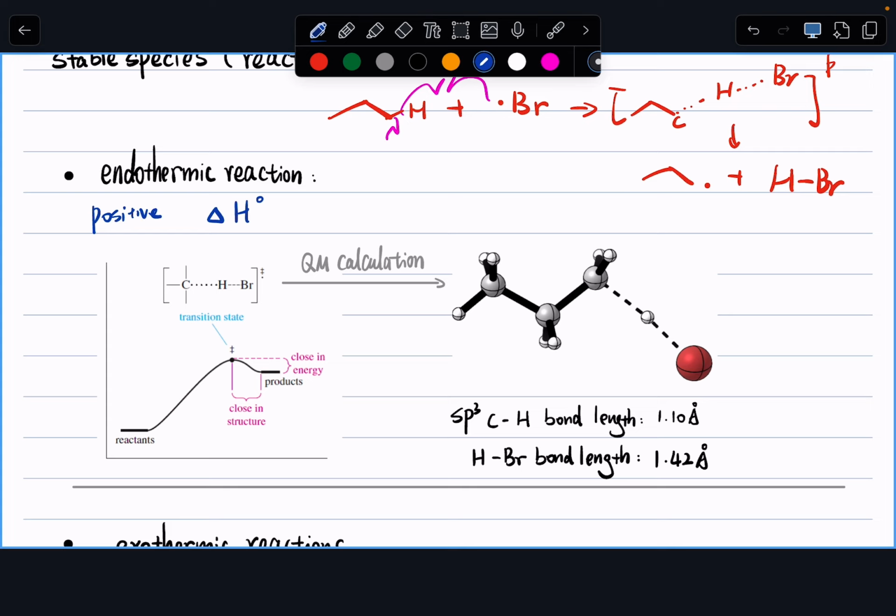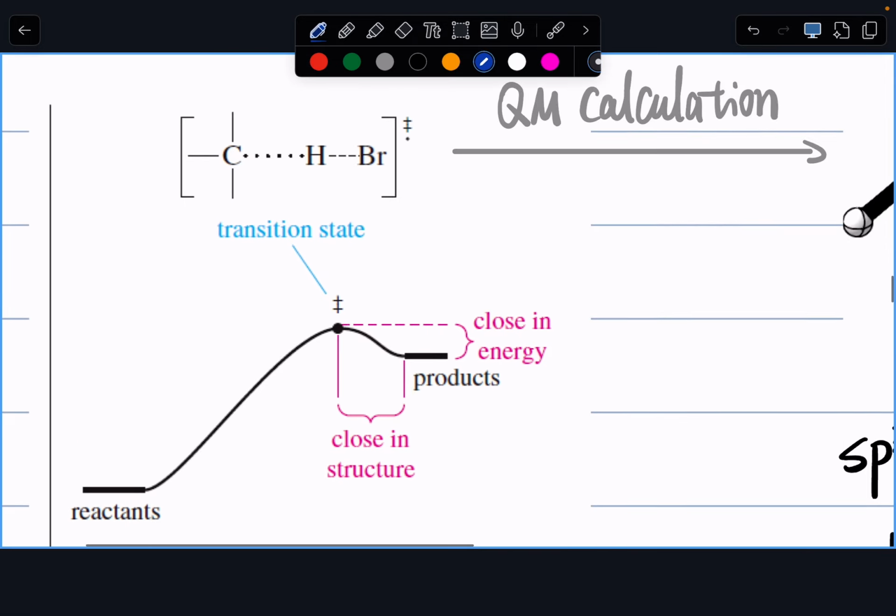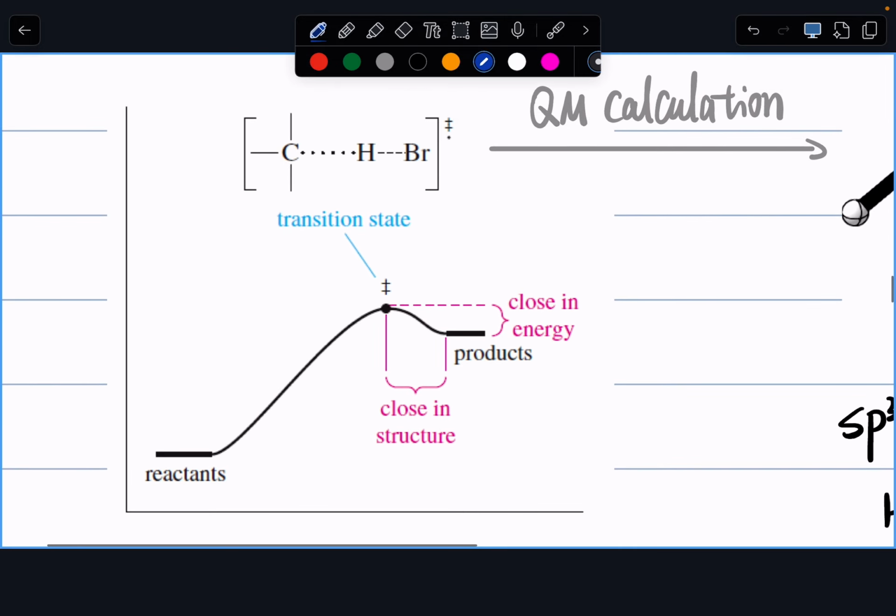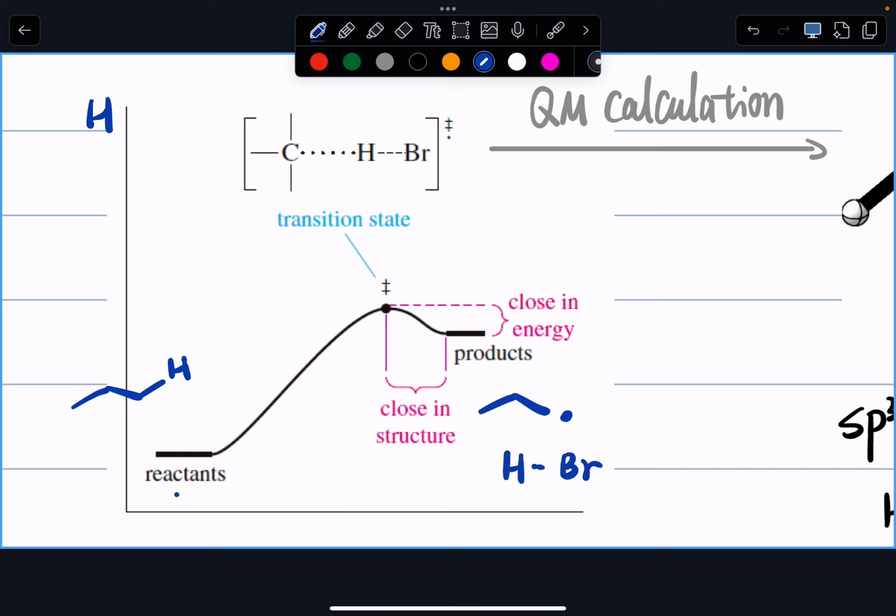That's our bromination reaction. If we zoom out onto my reaction coordinate surface, on the y-axis is the heat of the reaction, and on the x-axis is our reaction coordinate, starting from reactant to product. Now, what is my reactant? My reactant is propane, and my product will be a carbon center radical and HBr.